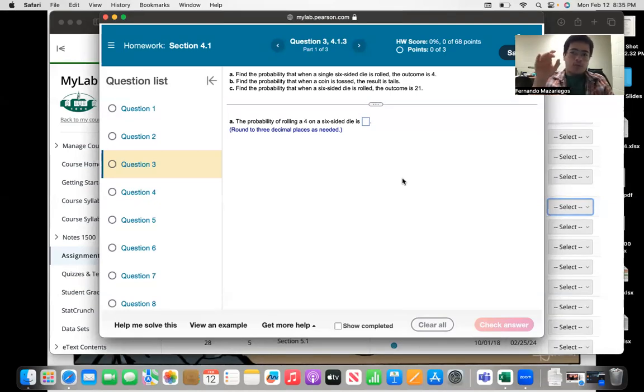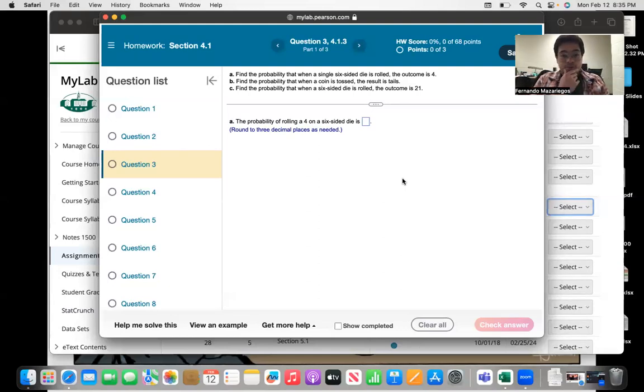And for 4.1, the basic way of calculating probabilities is by calculating a quotient. The numerator is going to be the amount of outcomes we have for a specific event, and the denominator is going to be the total amount of possible outcomes.